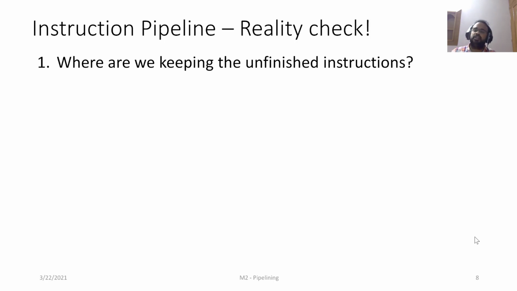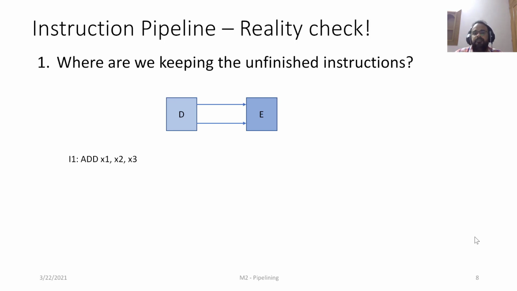To answer this, let's discuss what would happen if we are not going to handle this issue. Okay, let's consider the decode stage and execute stage. We all know that the output of decode stage would be the input of the execute stage.